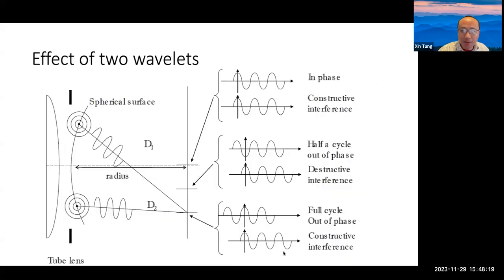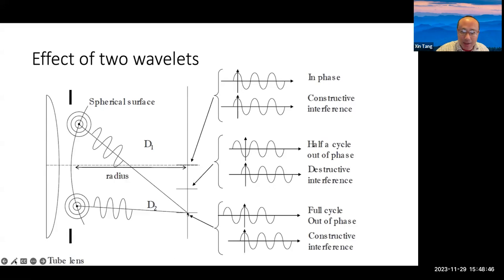Now from there, of course, this is the effect. From there, you can understand many things. Here is just an example of two wavelets. If we only pick two wavelets from this wavefront, then because this is a spherical wave, they will go to all the places.